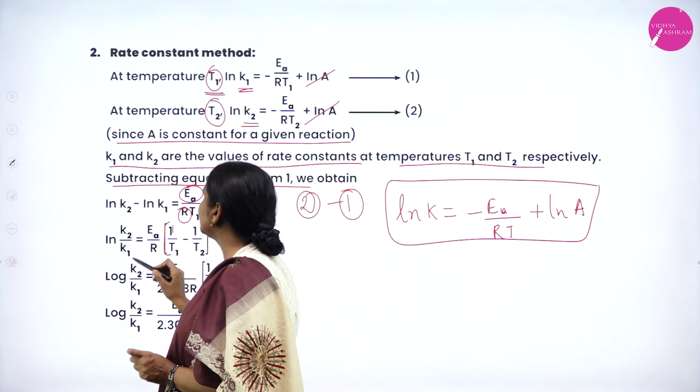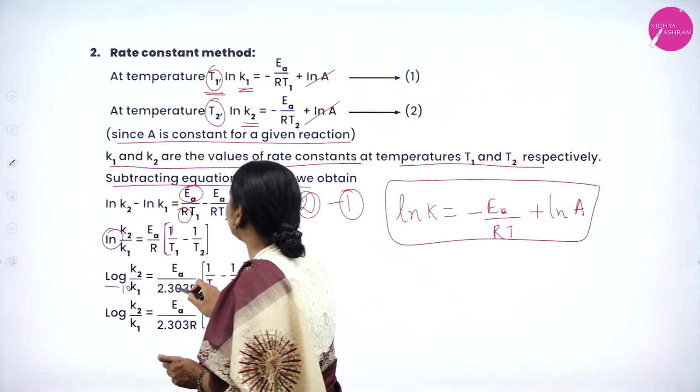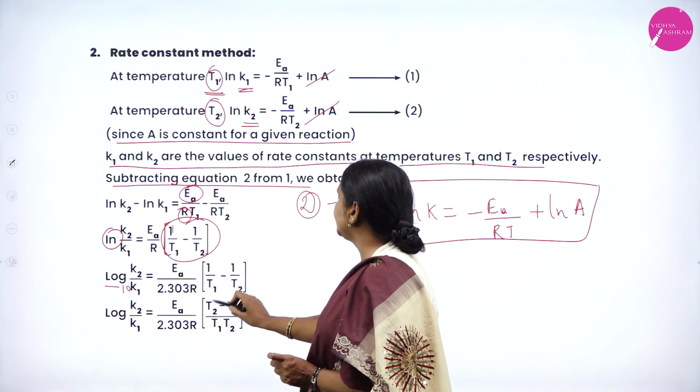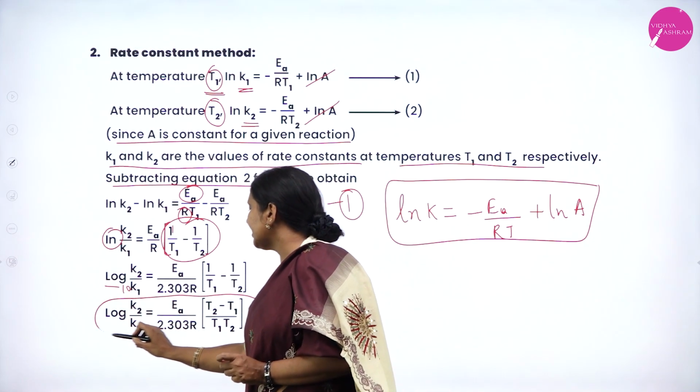Now I am going to convert this natural log to log to the base 10. You have to multiply by 2.303. I am simplifying this, so it will become (T2 minus T1) divided by T1 T2. Therefore, what's the final expression?